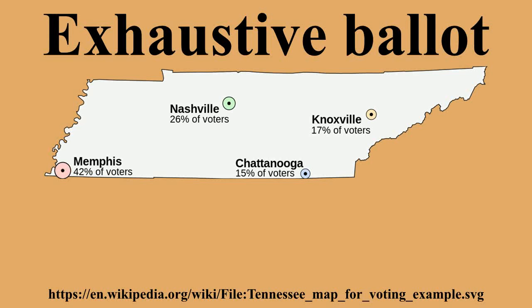Like instant runoff voting, the exhaustive ballot is also vulnerable to the tactic of pushover, where voters vote tactically for an unpopular pushover candidate in one round as a way of helping the true favorite candidate win in a later round. The purpose of voting for the pushover is to ensure that it is this weak candidate, rather than a stronger rival, who remains to challenge a voter's preferred candidate in later rounds.